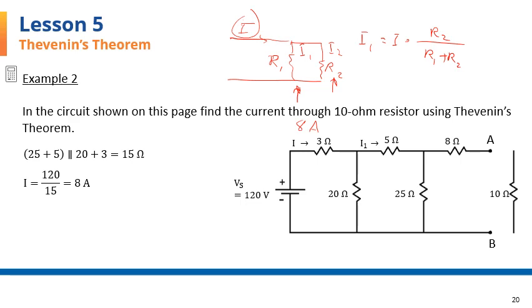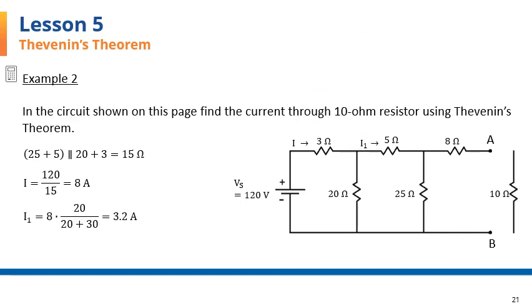I'll apply this formula to calculate the current I1 that goes through the 5 ohm resistor. Once again, remember that this 8 ohm is not part of our circuit, so we have current of 8 amps coming to this junction, and it's going to be subdivided into an I1 and I2. We don't need the I2, but that would be the current that goes through the 20 ohm resistor.